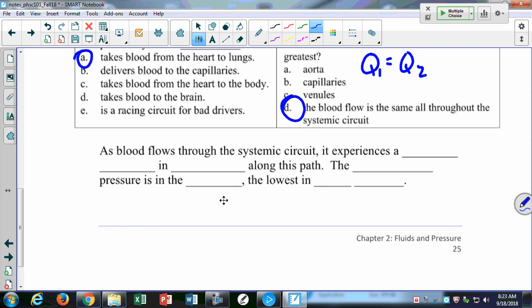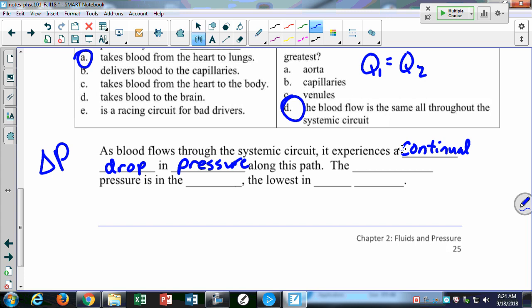So, as blood flows throughout the systemic circuit, it experiences a continual drop in pressure. That's that delta P in the Poiseuille equation: I have to have a difference in pressure from the beginning to the end in order to make that system flow if I have a viscous fluid.